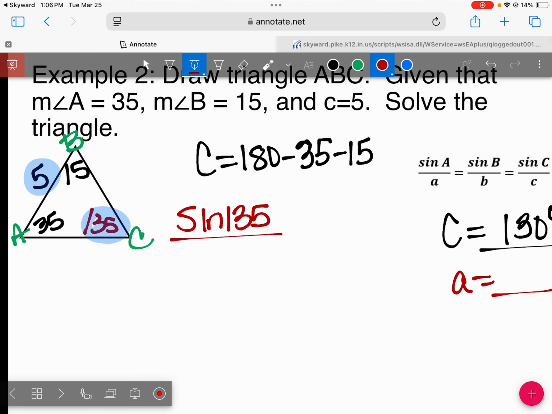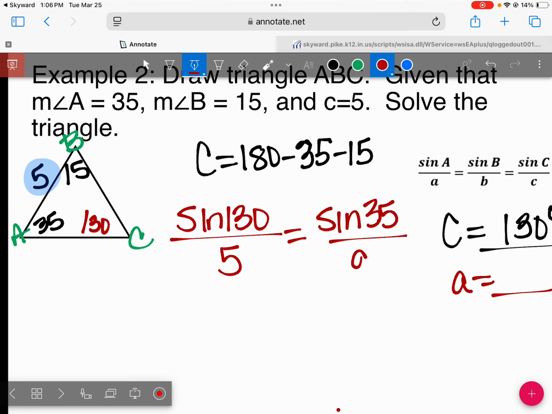Sorry, that should be 130. So I'm going to take the sine of big C over little c, and that's going to equal the sine of 35 over little a.